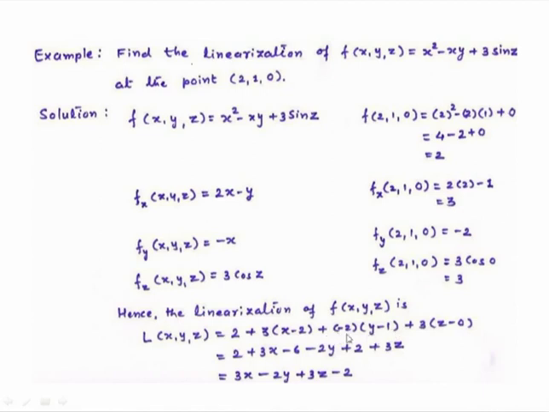The value of del f by del y is minus 2, and y minus y0 is y minus 1 because y0 is 1, plus del f by del z into z minus z0, but the value of del f by del z at the given point is 3, and z minus z0 is z minus 0. So we simplify this and we get 2 plus 3x minus 6 minus 2y plus 2 plus 3z, and this becomes 3x minus 2y plus 3z minus 2.